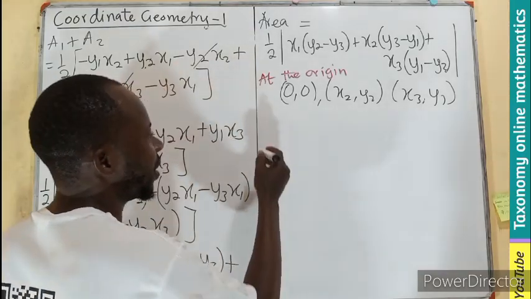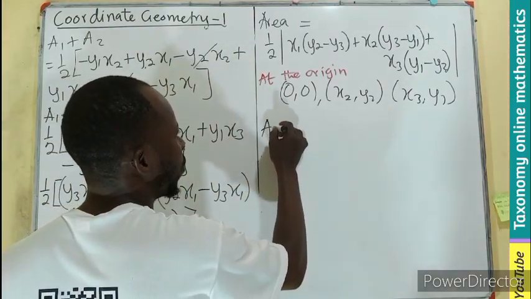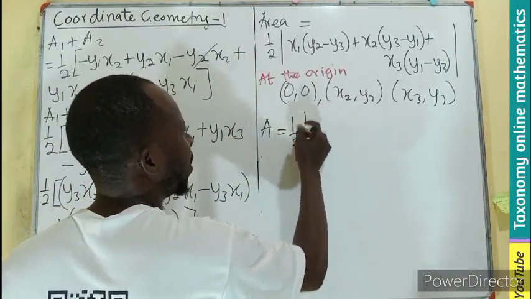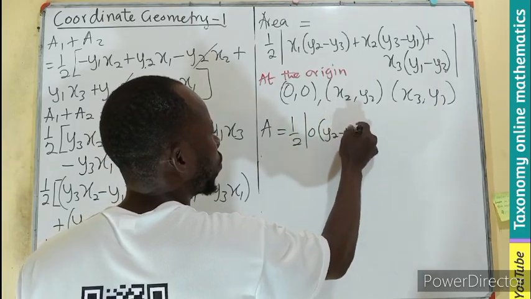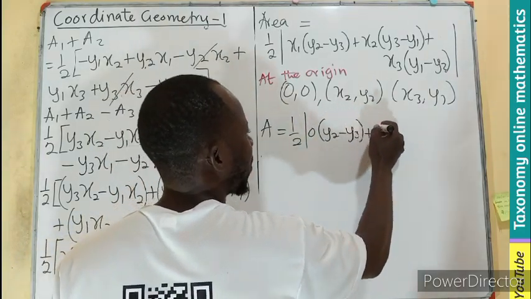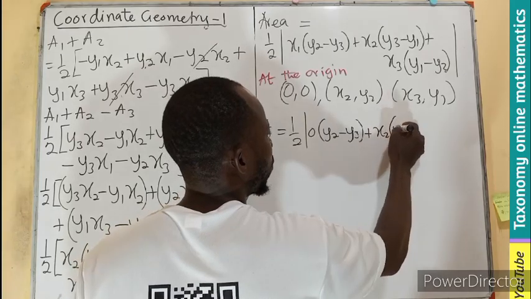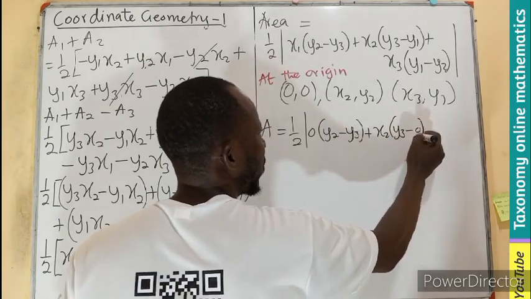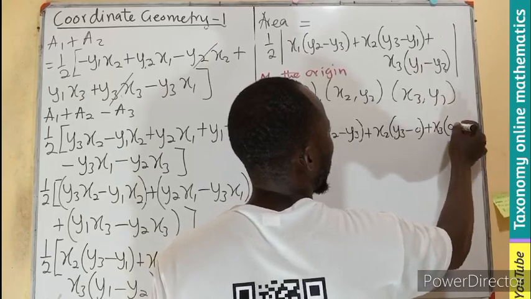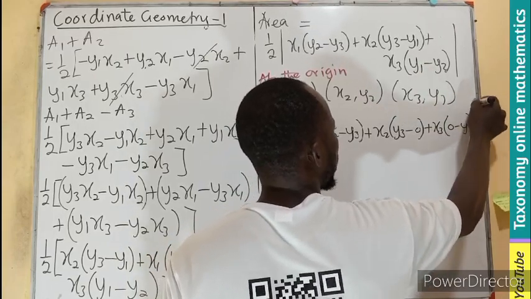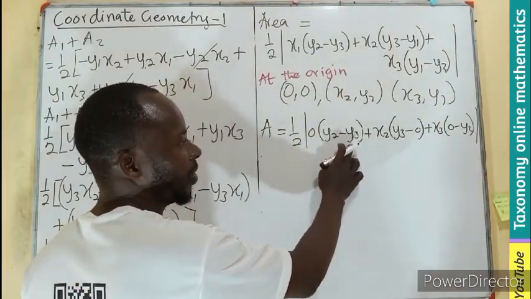So let's say at the origin, the area will be equals to half 0 times y2 y3, x2, y3 minus 0, x3, 0 minus what? y2. We know 0 times this will give you 0.